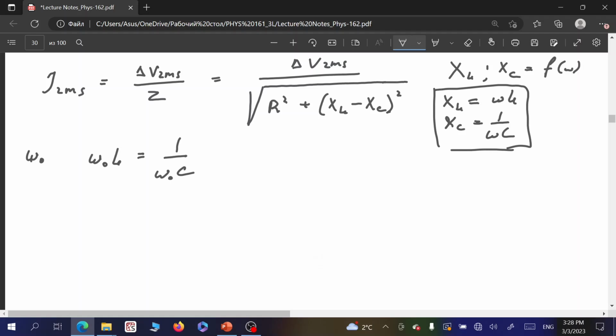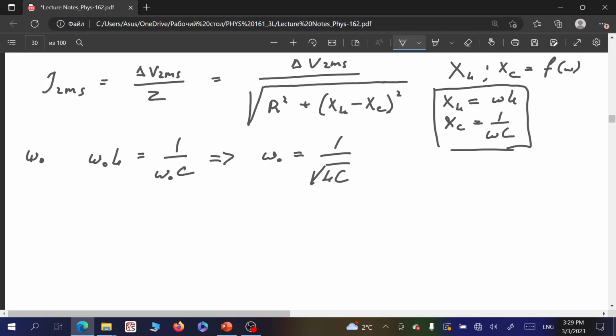So from here, we can express this omega naught frequency, which is also called the resonance frequency. That will be equal to 1 over the square root of the product of inductance times capacitance.